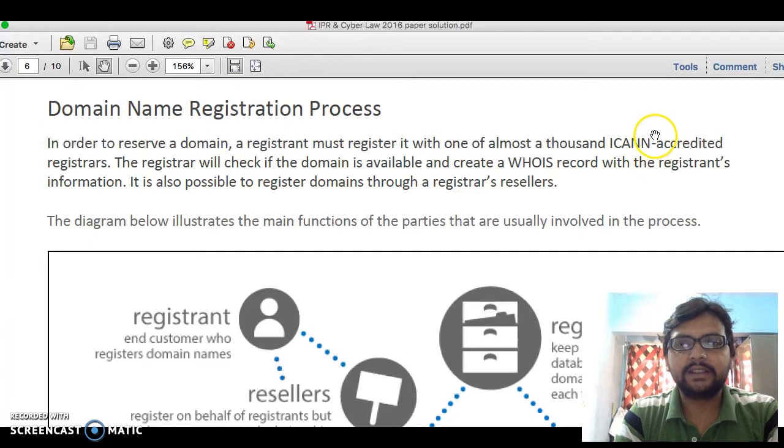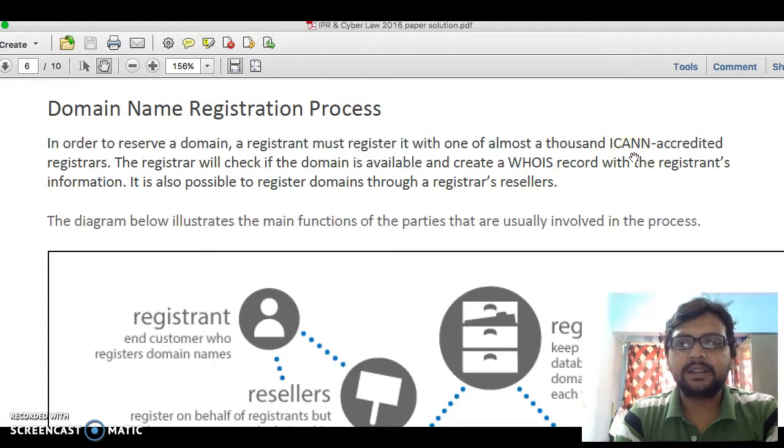ICANN is an international organization which looks after domain name allotment, and if someone misuses those domain names, for example, in a real case with Microsoft, someone registered the Microsoft.com domain with a small change: instead of spelling s-o-f-t, one person registered the domain name with S-zero-f-t. This is purely a violation under ICANN's UDRP, the Uniform Dispute Resolution Policy.